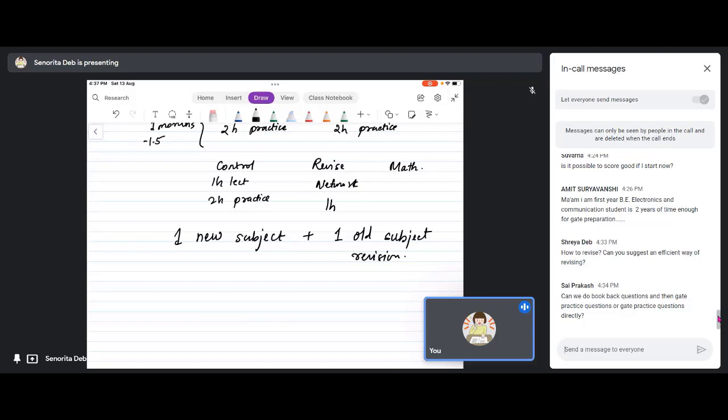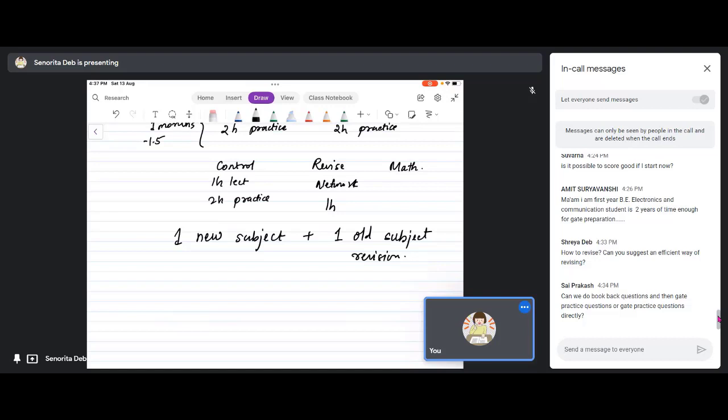Now suppose you are an experienced person, you have already finished the GATE syllabus, everything is done, you are good at practicing also. At that time you can take 2 subjects per day, 3 subjects per day, okay. And don't just mug up, solve the questions.